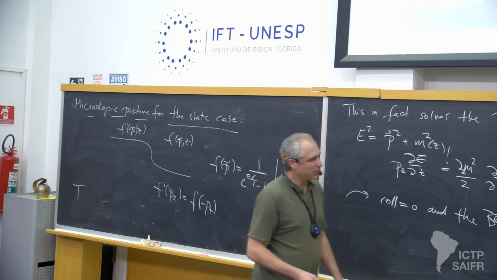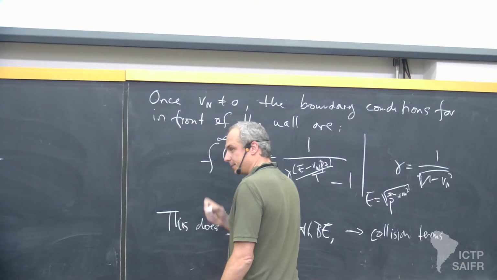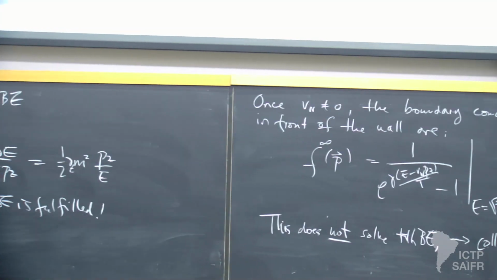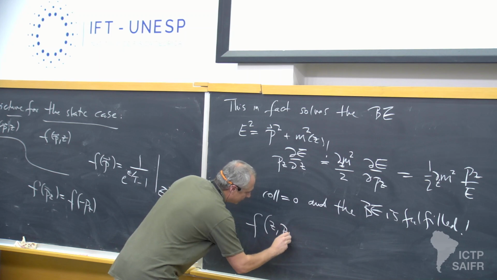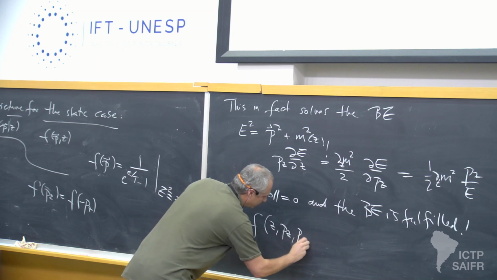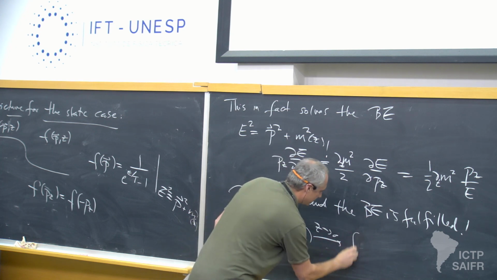So in principle, what you would have to do is the following. Let's call this P infinity, right? Then you would say the full F, which is now a function of Z, PZ, and P perp, when Z goes to infinity is F infinity.